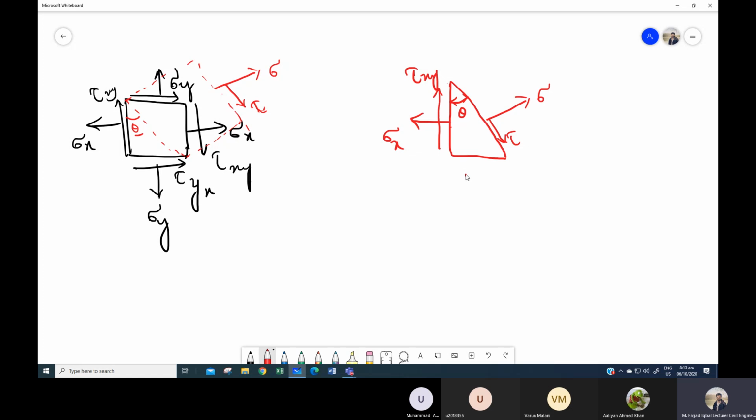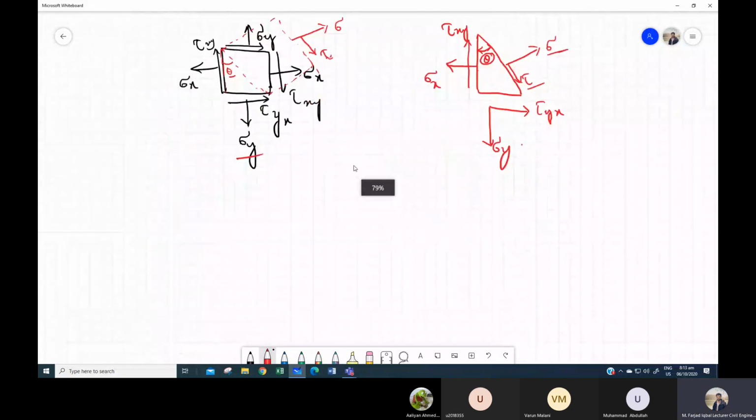And on the bottom face we have tau yx, and this stress is sigma y. So these are all the stresses acting on this particular triangle. Now I will apply the resolution of forces and develop some formulation for these two inclined stresses, sigma and tau, that are acting on a plane at angle theta with respect to the straight plane, right?